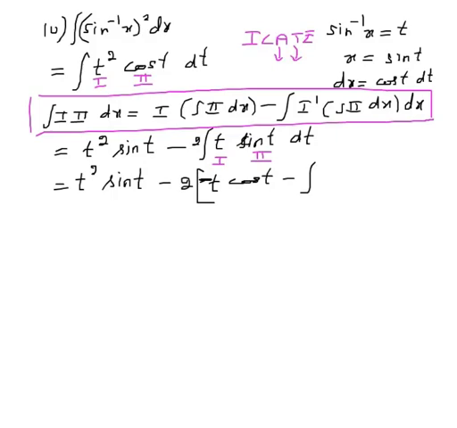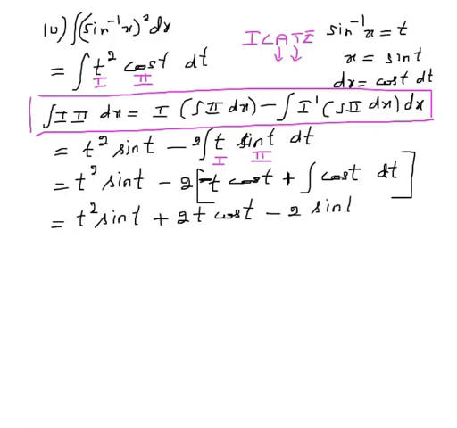Differential of the first function is 1. Integral of sin t is minus cos t. So minus of minus is plus. t square sin t. Let us distribute this minus 2 plus 2t cos t minus 2 times integral of cos t, which is sin t, plus c.